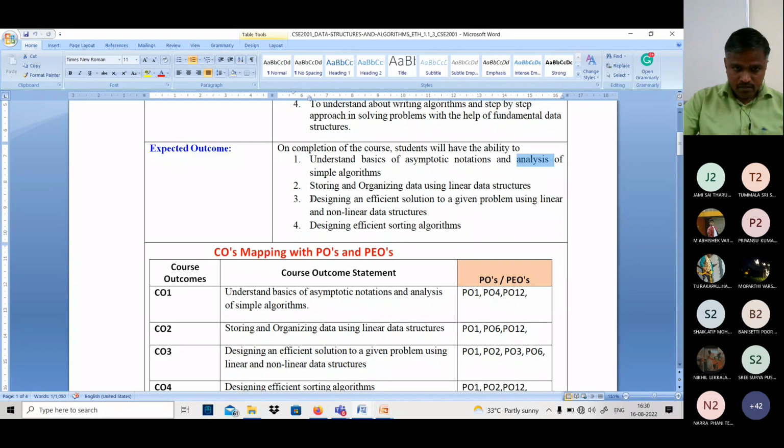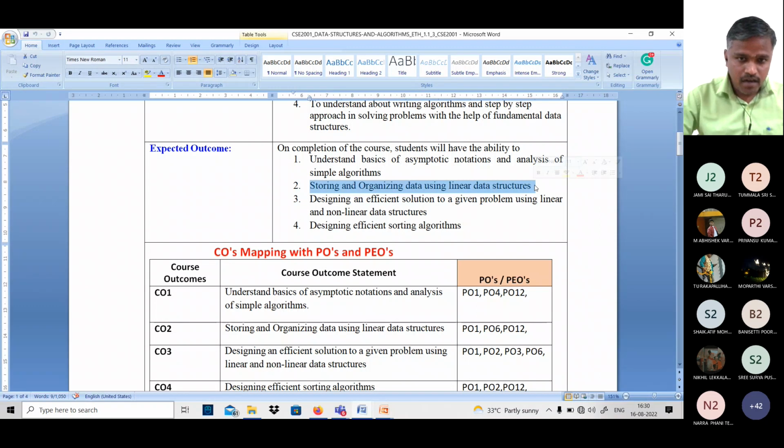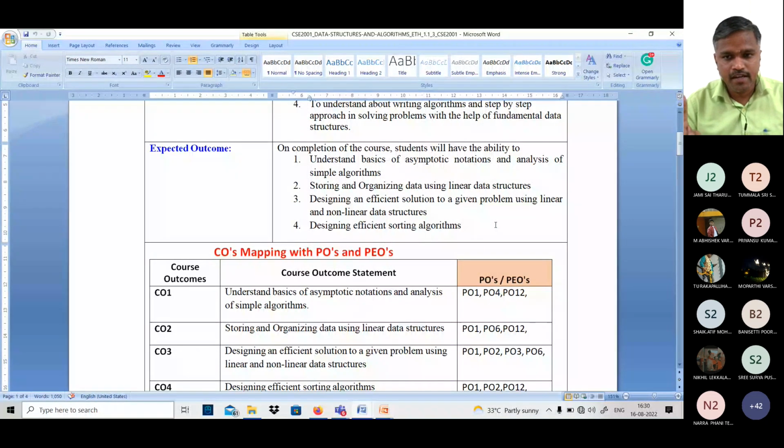Then the second course outcome is related to storing, organizing and arranging the data using linear data structures. There are two types of data structures: one is the linear data structure and the second one is the non-linear data structure.